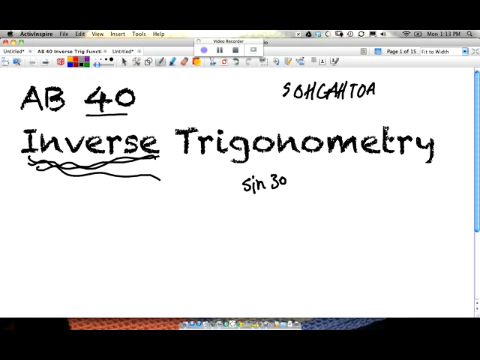So when we look at sine of 30 degrees, and we think, oh, what's sine of 30 degrees? It's 1/2. The inverse style of trigonometry here is really saying sine of what equals 1/2. And the question is not what's the end of it, it's what's the middle.